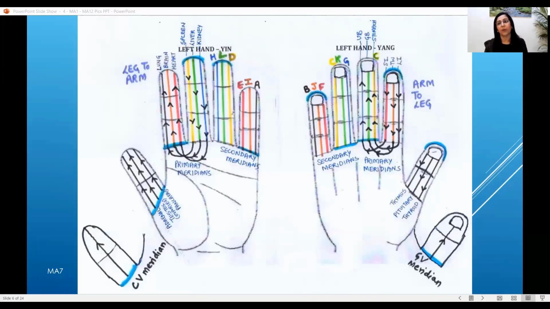So these are called long Byol meridians. The kidney meridian is forming a long Byol with the heart meridian. The liver meridian is forming a long Byol with the brain meridian. The spleen and pancreas meridian is forming a long Byol with the lung meridian.